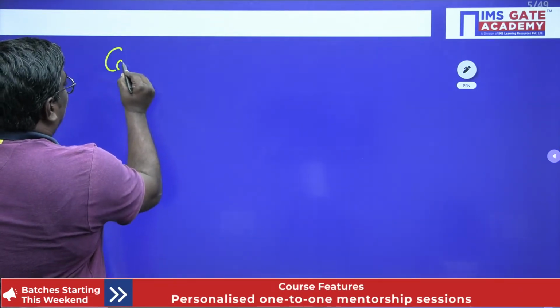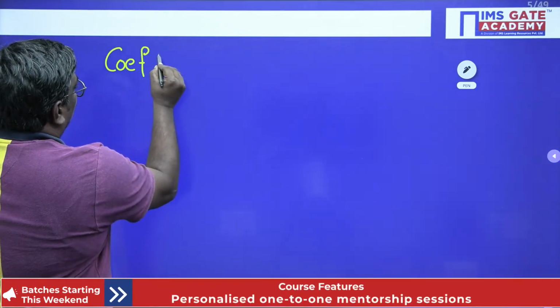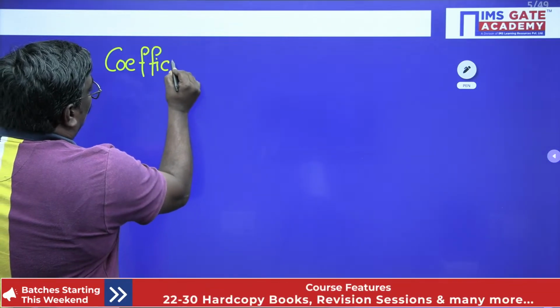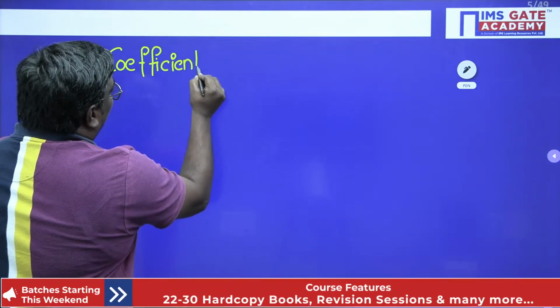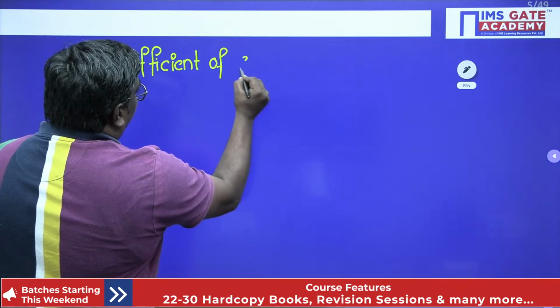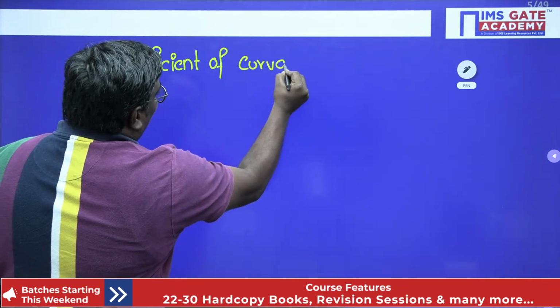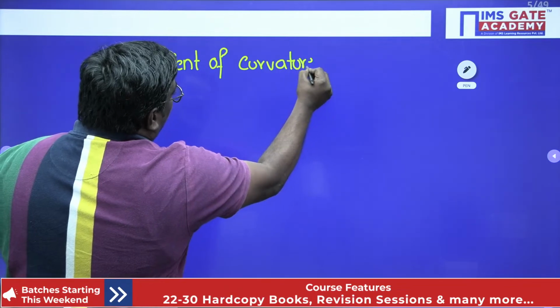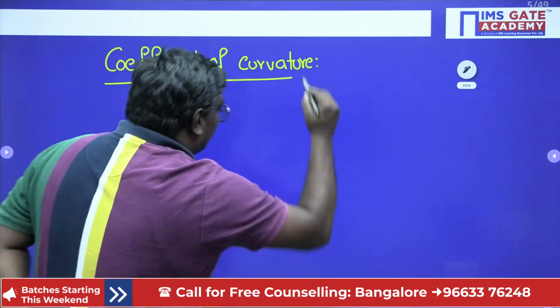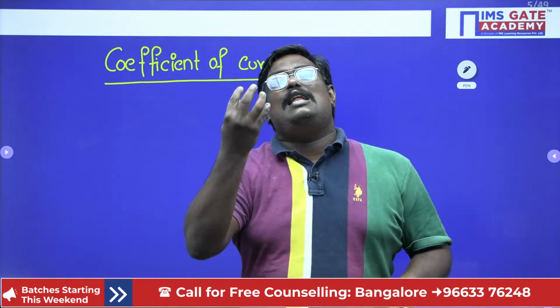Let us understand there are two coefficients, my dear students. One is the coefficient of curvature, and the other one is the coefficient of uniformity.